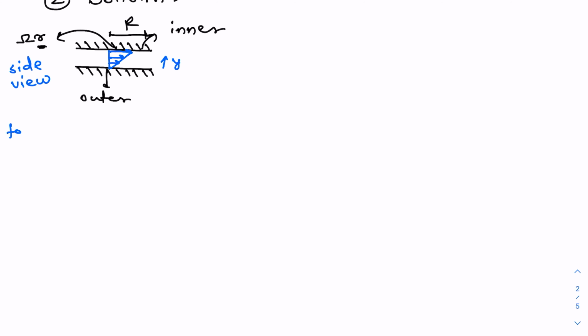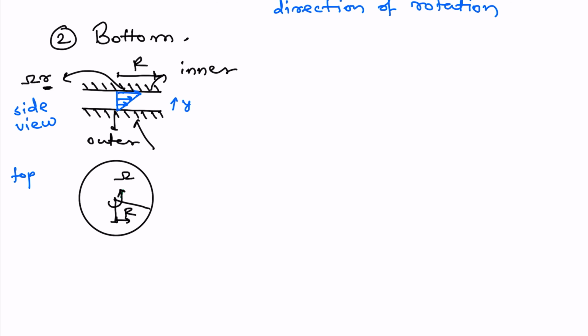So if you look at this from top, this is basically the inner cylinder with a radius r, moving with angular velocity omega. Let's say we are looking at this small strip at a distance small r from the center, thickness dr. This is what the fluid velocity looks like there.